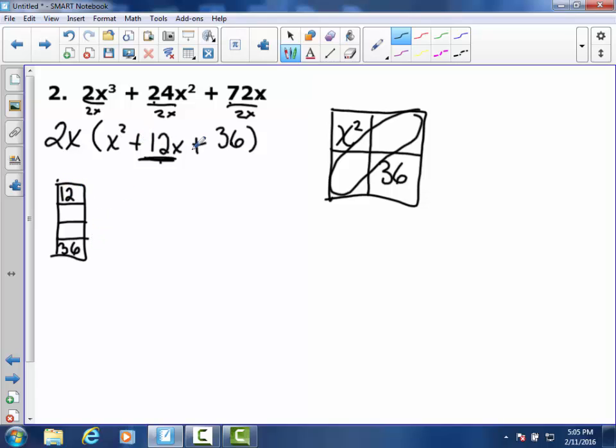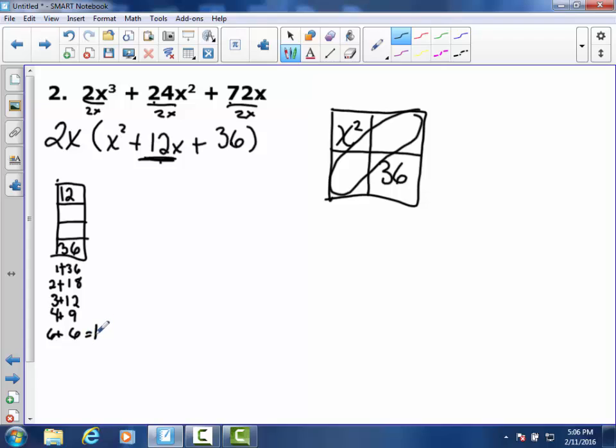They're both positives, so that's what we're keeping there. So we're looking for what numbers multiply to give me 36? Well, 1 times 36, 2 times 18, 3 times 12, 4 times 9, 6 times 6. Because these are positives, we know we're adding them. That's part of our flow chart, so we're adding them together, and we're looking for 12.